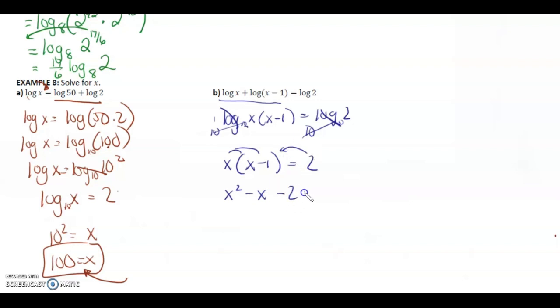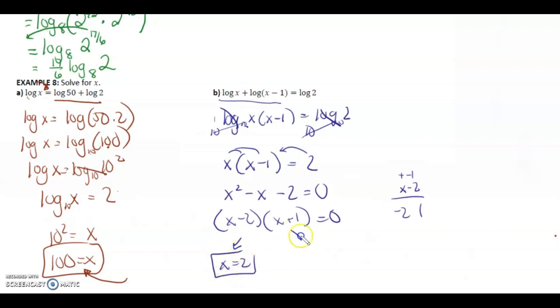Bring this 2 over: minus 2 equals 0. At this point we have a quadratic. So we're thinking, what two numbers multiply to negative 2 and add to negative 1? I get negative 2 and 1. After factoring this to x minus 2, x plus 1, we get two solutions: x equals 2 and x equals negative 1.